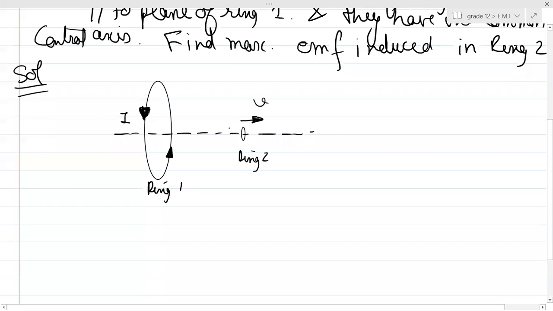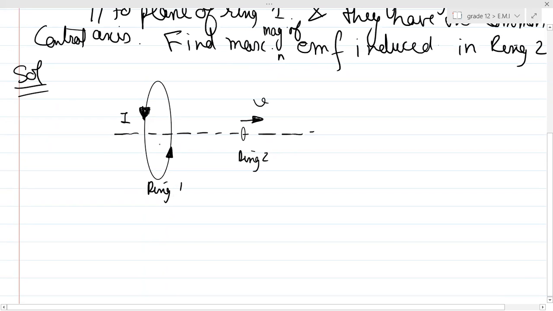When the current is like this, let's say the magnetic field is whatever it is, we don't want that. We just want the maximum EMF induced in the ring, basically just the maximum value magnitude. Okay, I'll write over here: I want the maximum magnitude of EMF induced in ring 2.